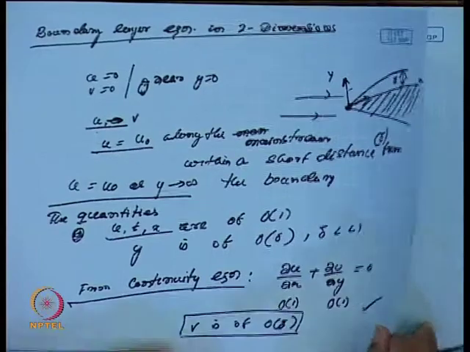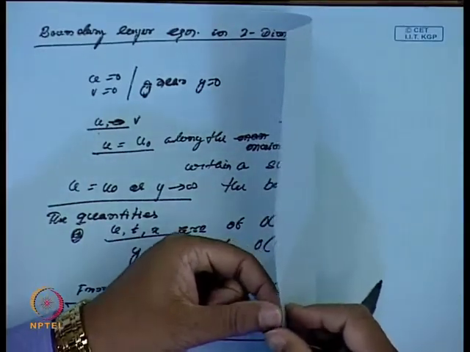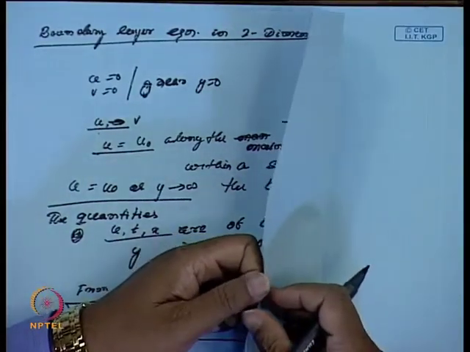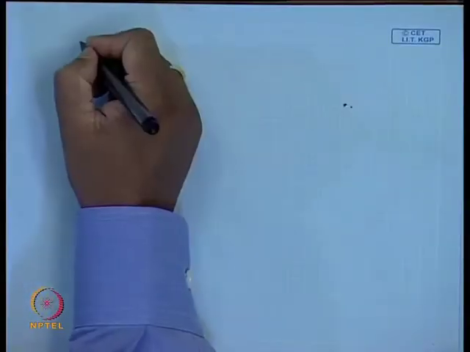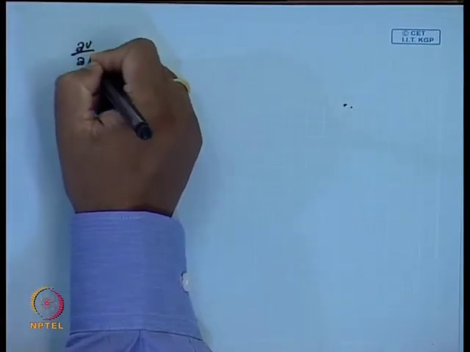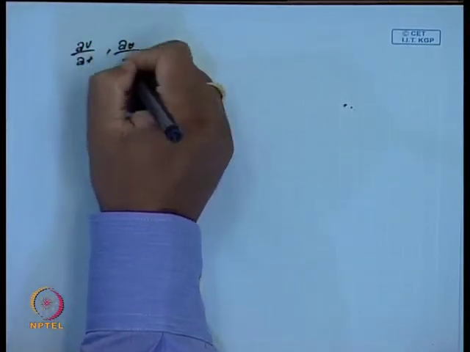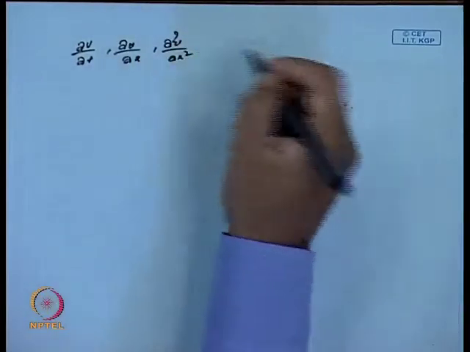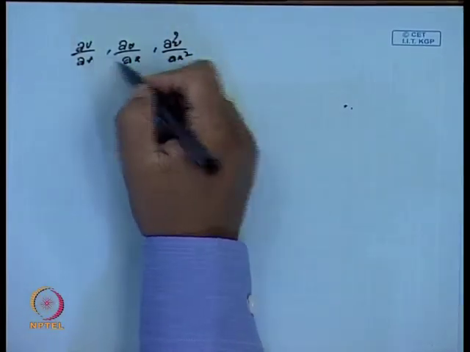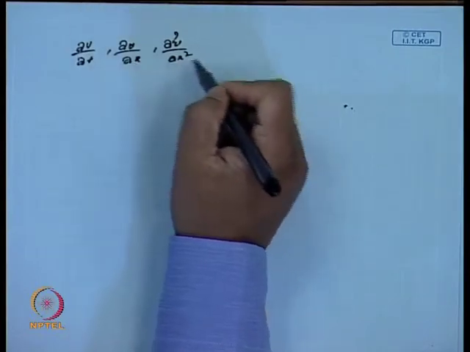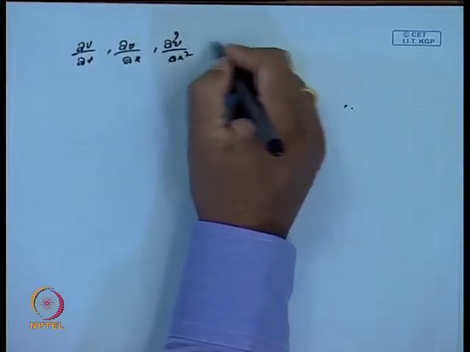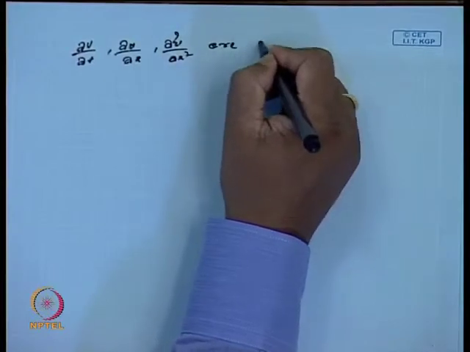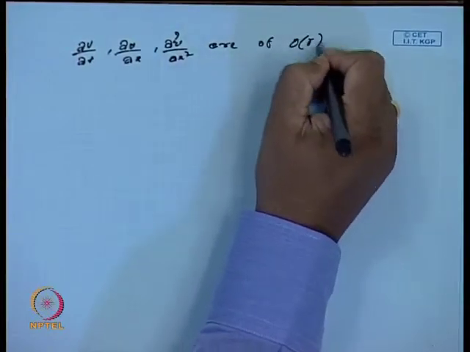Now, with this understanding, let us look into what will happen to del v by del t. In the process we have del v by del t, del v by del x, del square v by del x square, and because x and t are of order 1, these quantities are of order delta.